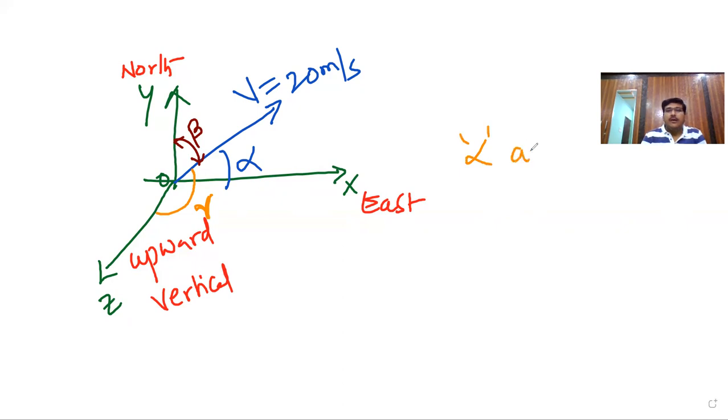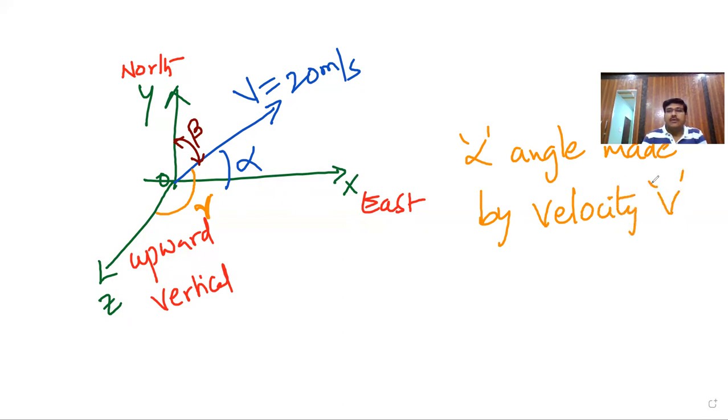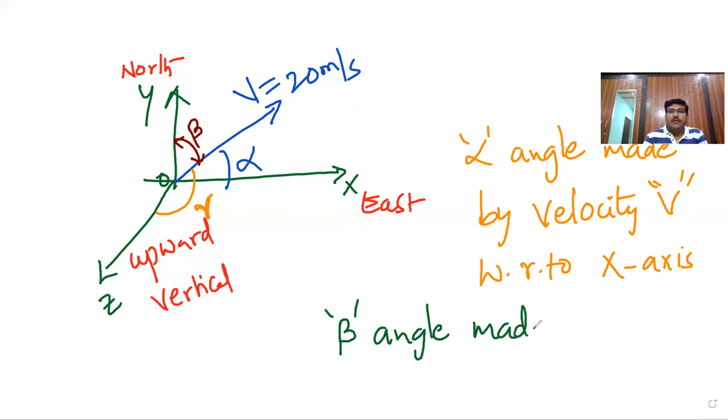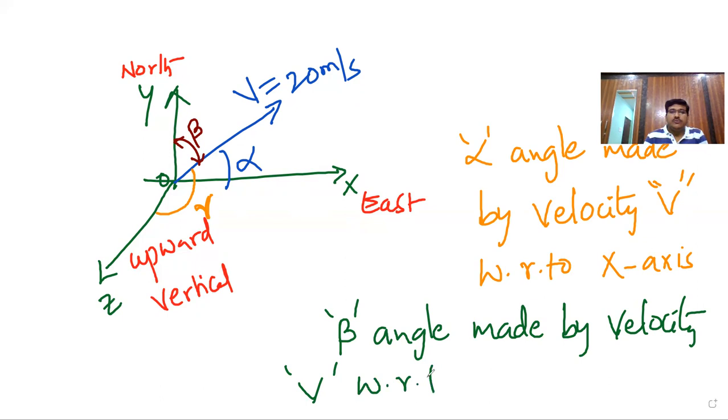Here I clearly write. Alpha is the angle made by velocity V with respect to the x-axis. Similarly, beta is the angle made by velocity v with respect to the y-axis.